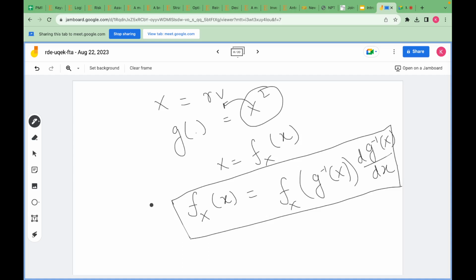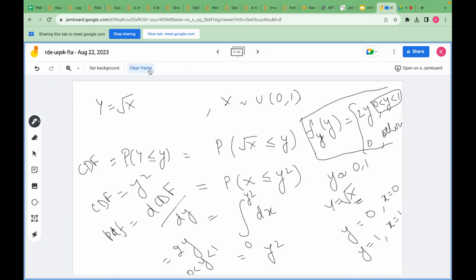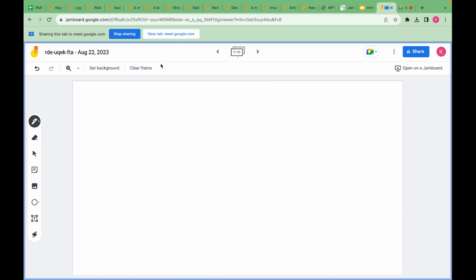So you can go through the proof for this. In this class we will discuss how we can apply the same concept for the joint probability distribution.